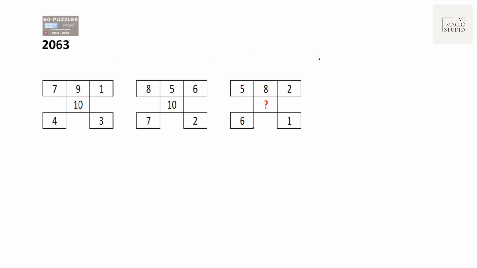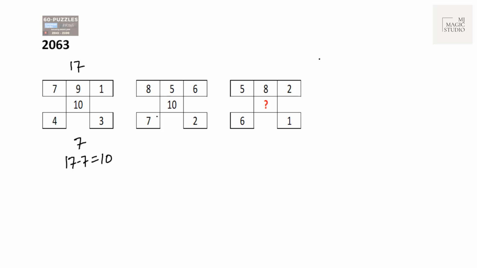Okay. A majority of the time, these kind of grids, I've seen that there's something to do with the numbers, addition, subtraction, maybe. Let's see. 10. Okay. 1 plus 9 plus 7 is 17 and 4 plus 3 is 7. 17 minus 7 is 10.